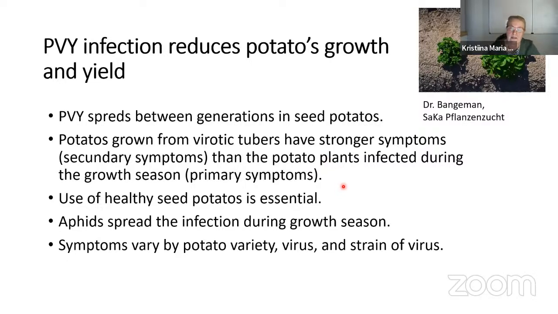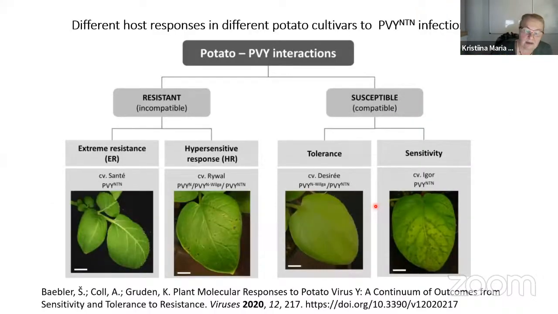That reduces this problem a lot, but it seems that it's really difficult anymore to control even in seed potato production in Europe. So the very northmost countries still have a little bit easier time to produce healthy seed potatoes. This virus is spreading through aphids.